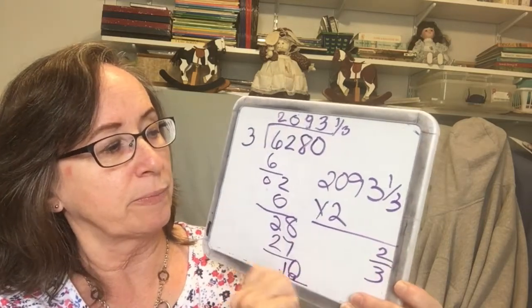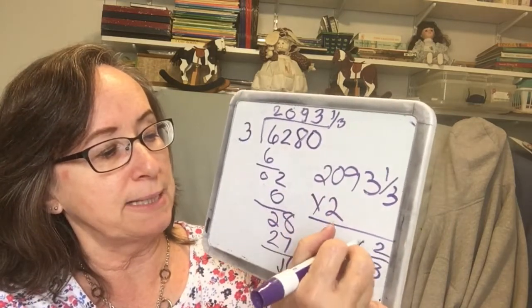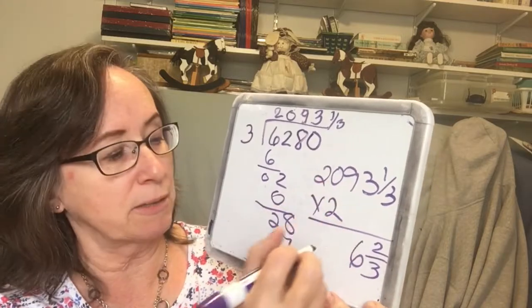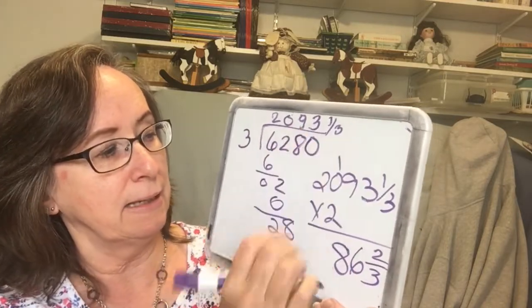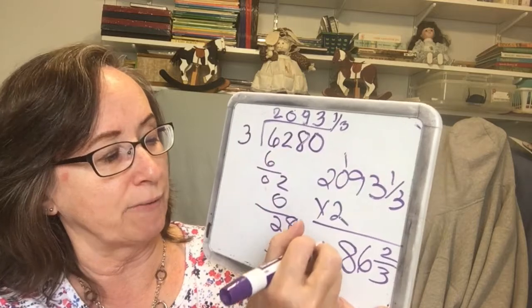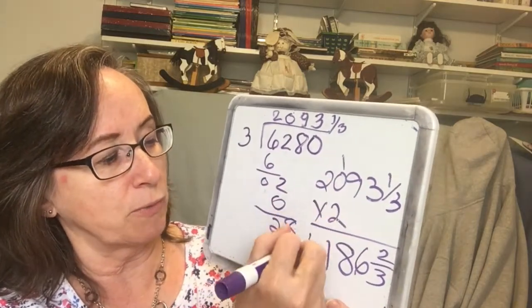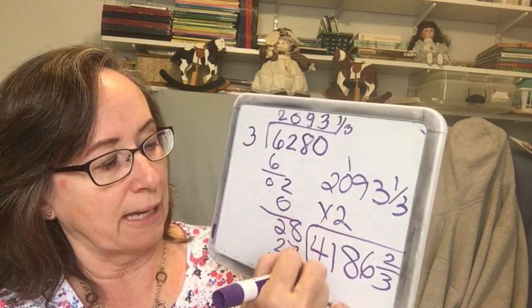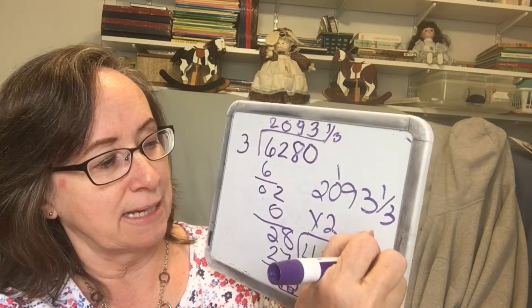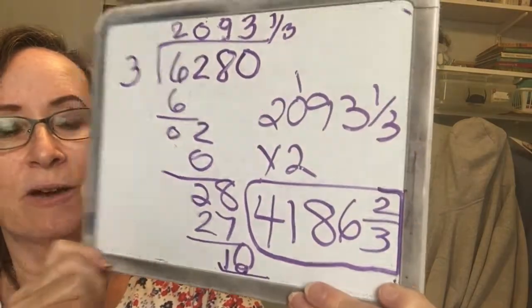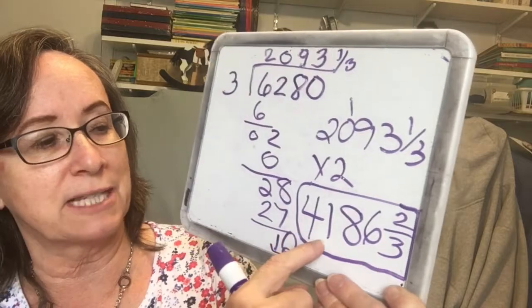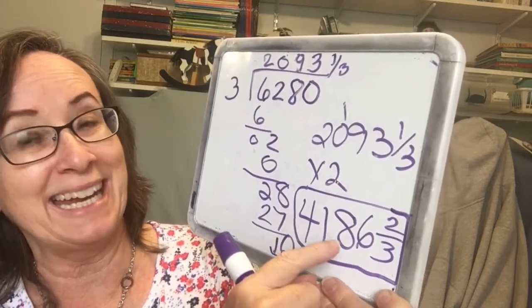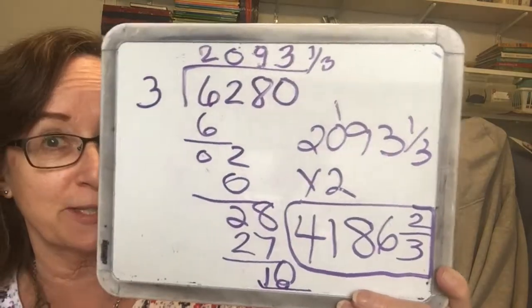That's easy. 3 times 2 is going to be 6. 9 times 2 is going to be 18. 0 times 2 is 0, but then I have the 1 to carry. 2 times 2 is 4. So the volume of the sphere is 4,186 and 2/3.